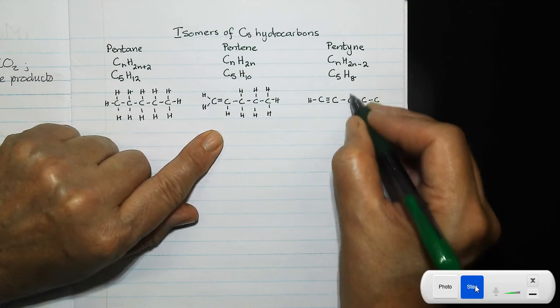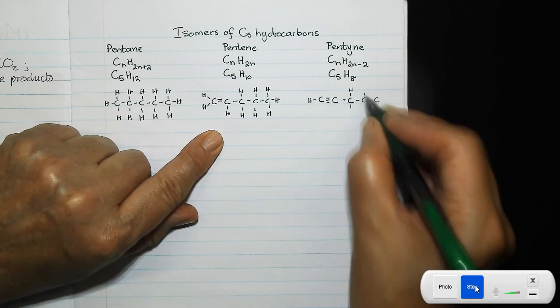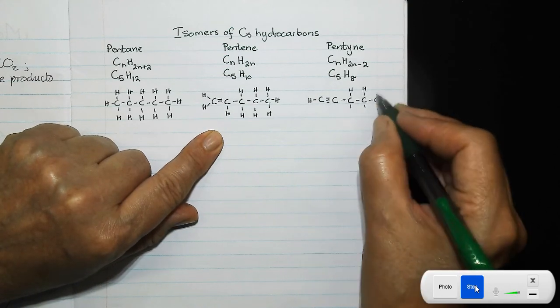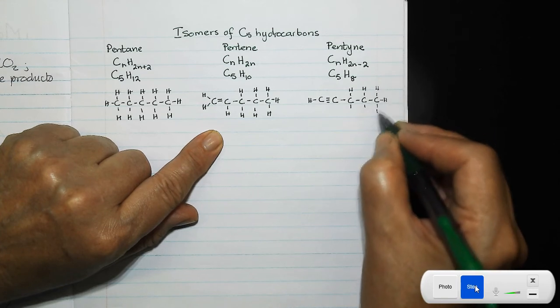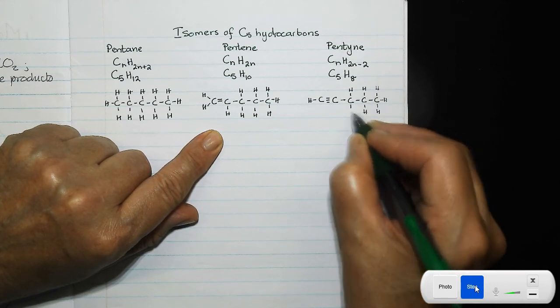For the rest of the molecule, each carbon atom needs 4 bonds, so we add the hydrogens to complete the molecule.